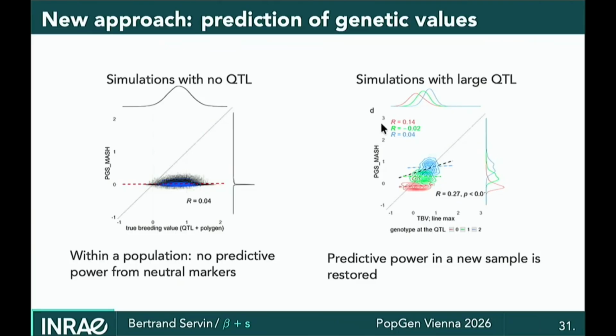We can only predict the QTL. Of course, we cannot predict the polygenic component because the other QTLs are not in the data. So using this approach, by combining population genetic information and quantitative genetics information, we can actually restore predictive power when we have no power when we shouldn't have any.